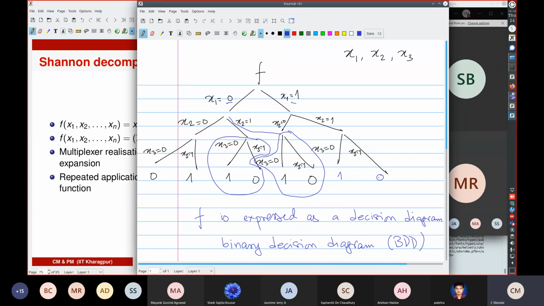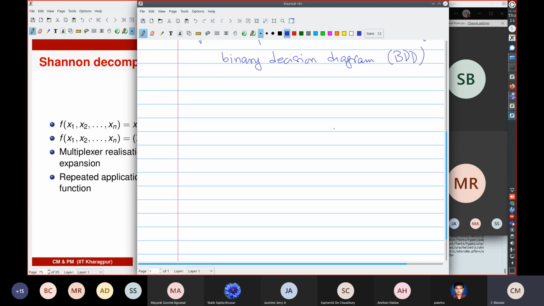Now, BDD has many interesting properties. It can be shown that, so variables, you have something called ROBDD.